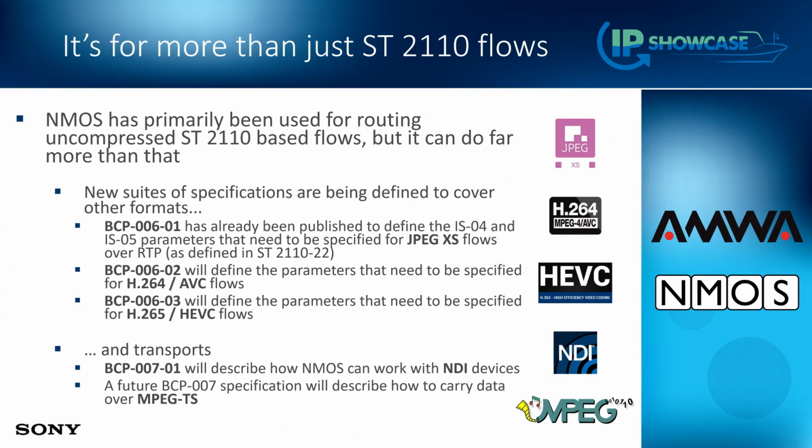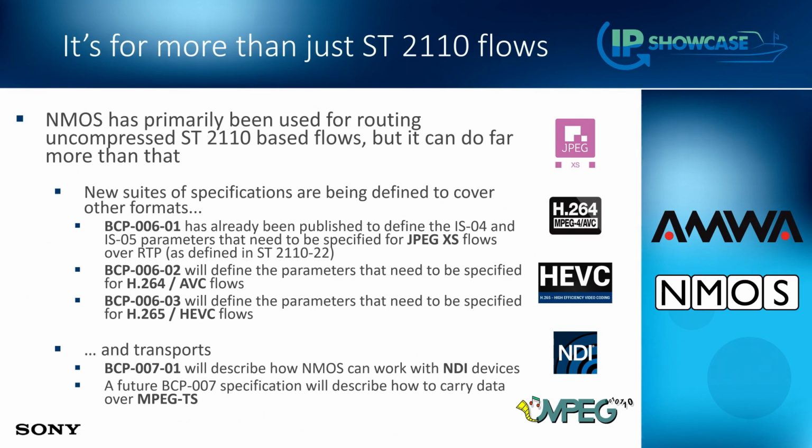Okay, another key point, I mentioned earlier we've mainly been doing uncompressed ST 2110 in the past. We're now making sure NMOS can be used for connecting devices using all kinds of other media flows. So already we have BCP-006-01 for JPEG XS flows, as described in ST 2110-22, the compressed layer of that. We're also looking at how we can support H.264, H.265, and in terms of transports, NDI and MPEG transport stream.